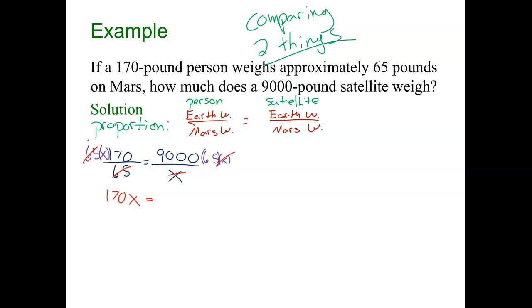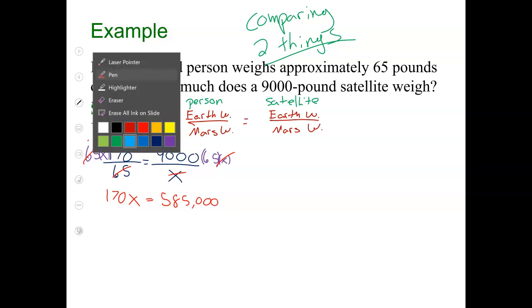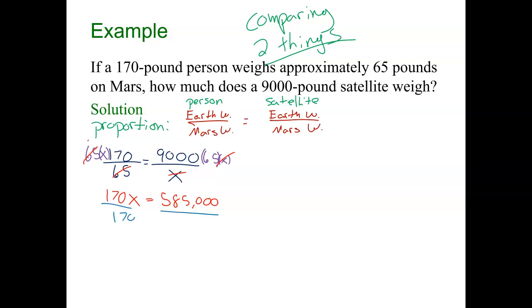Leaving me with times, which is 585,000. Last step. Divide by 170. Giving me a Mars weight of approximately 3,441 pounds.